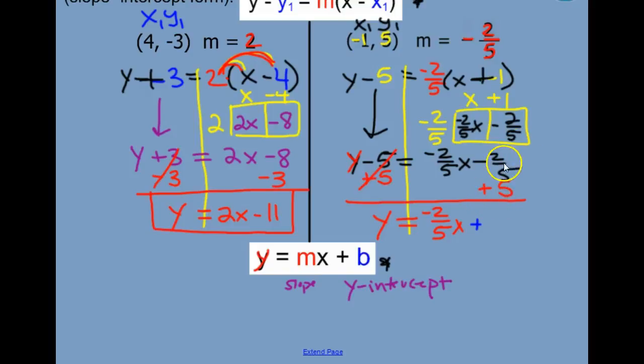If I were you, I would plug this in your calculator. 2/5 is really the same as 0.4. So that's a negative 0.4, really. So if you take in your calculator negative 0.4 plus 5, you should get 4.6. Or 4 3/5 if you did it in your head. So this is solved for y. Doesn't really matter what this number is as long as we have y by itself.